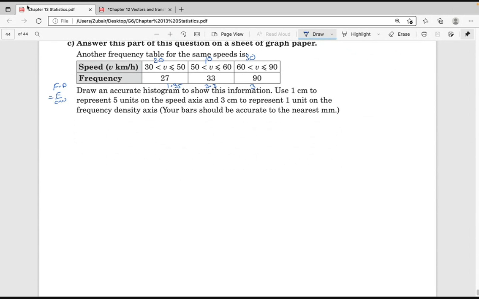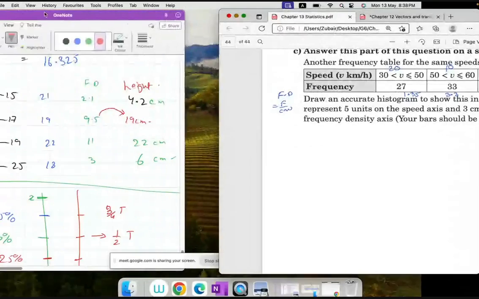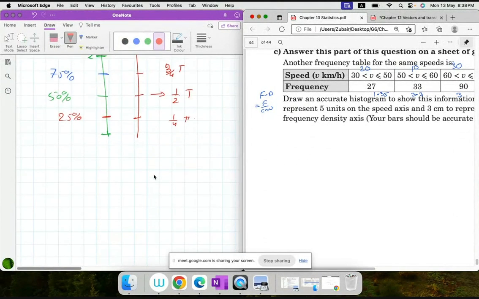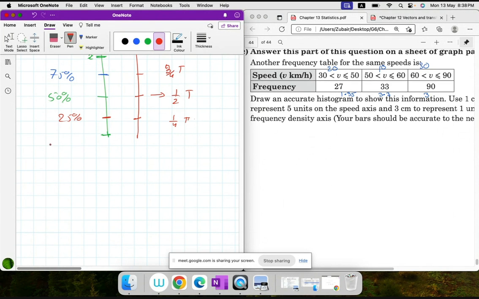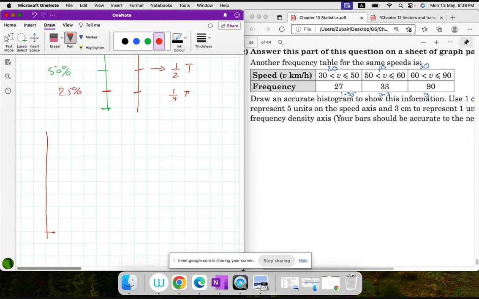So let's create a graph paper for ourselves. Consider these axes, and I'll try to draw it straight. We're starting from 30.